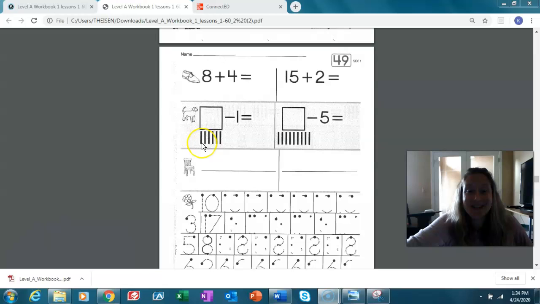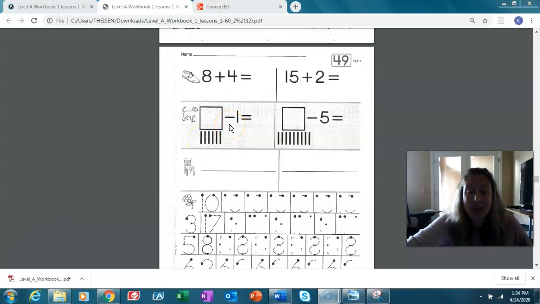You count the lines under the box. So count the lines to yourself and write the number in the box. Did you write 6 in the box? If so, good job. So 6 is the number we're starting with.